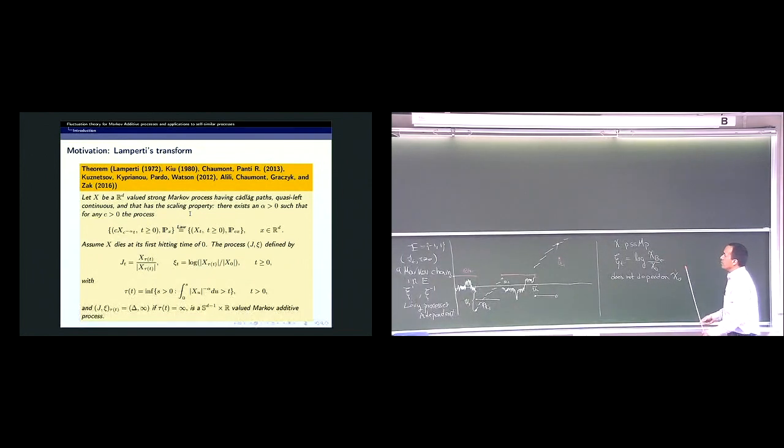How did we check that? We introduce a new process, psi^{cx}(t), which is the log of X of b t, starting in c times x, divided by c to the minus alpha.